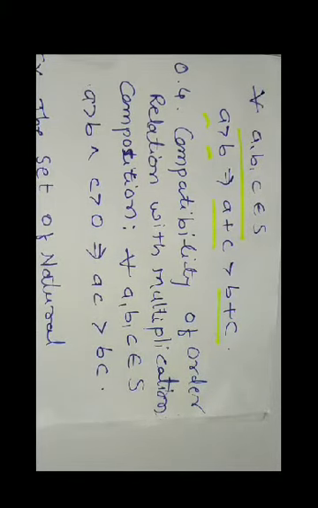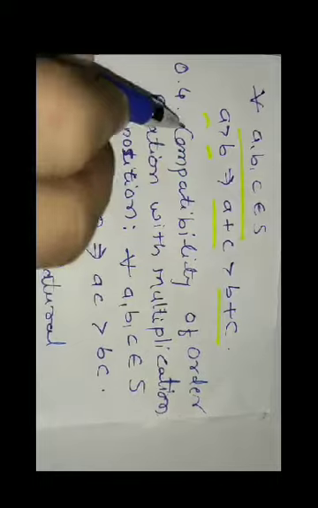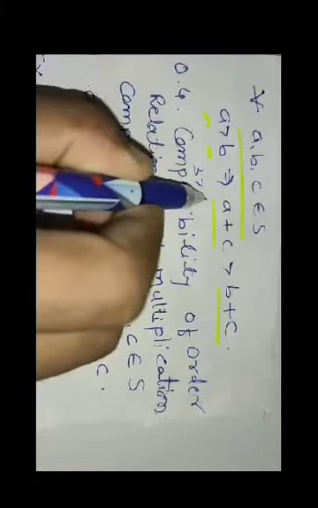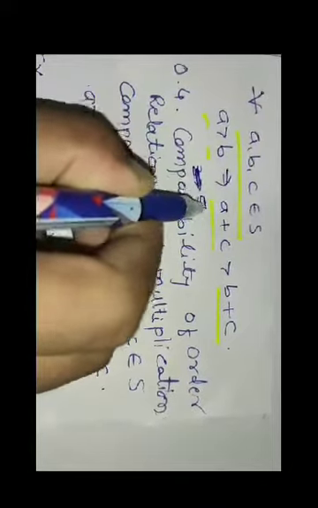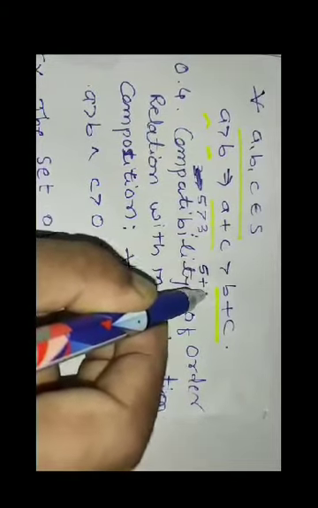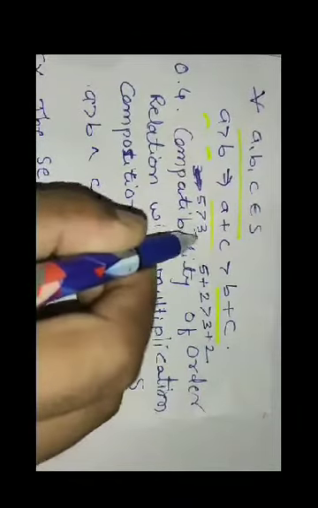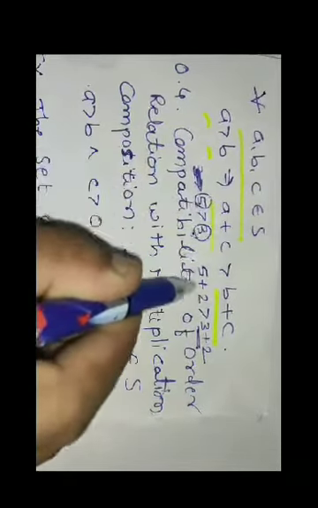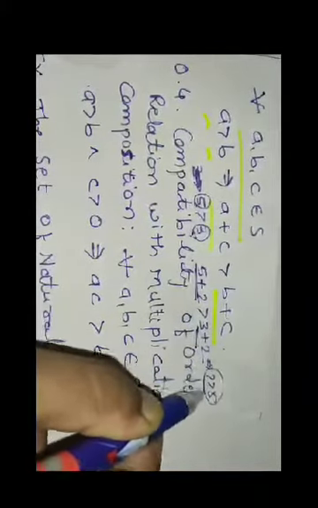That means if we choose the field of real numbers, I take a particular example, 5 greater than 3, no problem. And if I add any fixed number on both sides, suppose I add 2, that is 3 plus 2 and 5 plus 2, so we get 7 is greater than 5, no doubt.